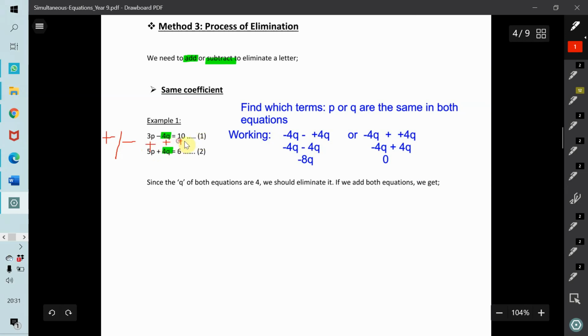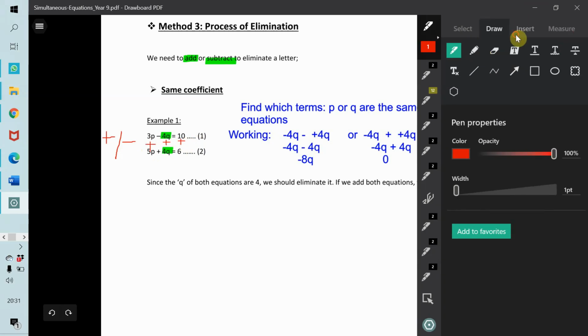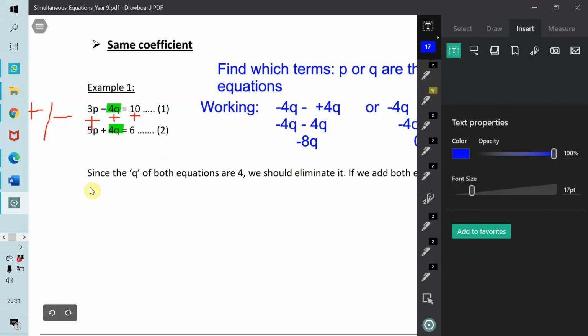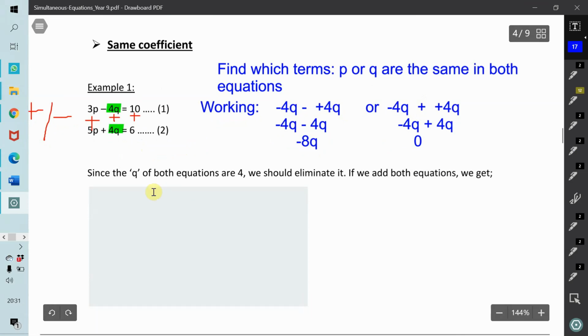So let's start. Let's work it out. Let me insert. Okay, I need it bigger. Let me write the two equations on top of each other. 3p minus 4q equals 10, and I've got 5p plus 4q equals 6.